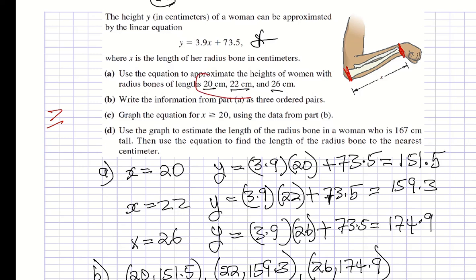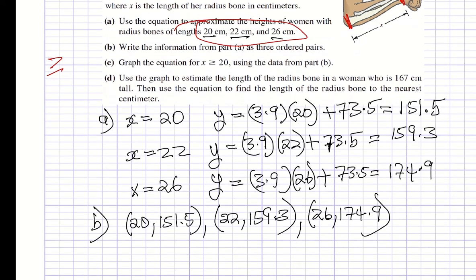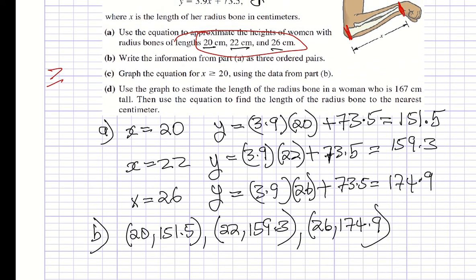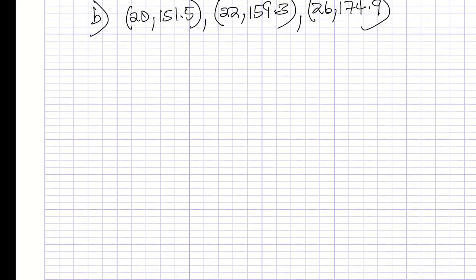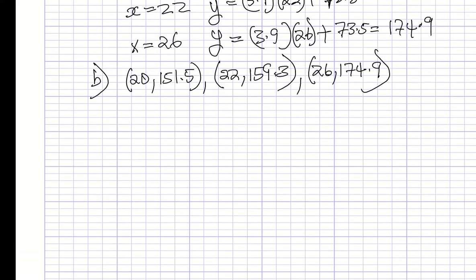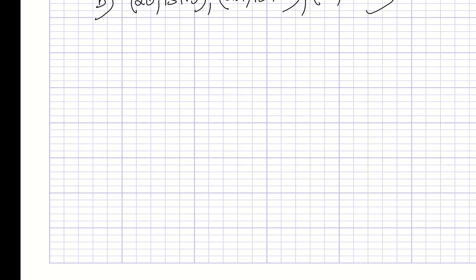So they want us to basically use those three points to draw a graph. And then after we draw the graph, use it to estimate the length of a radius bone in a woman who is 160 centimeters tall. It's like the other one we did. y is almost 180, so we're going to have the same problem here. Just let me draw it and then I'll come back and show you, that way we don't waste too much time.